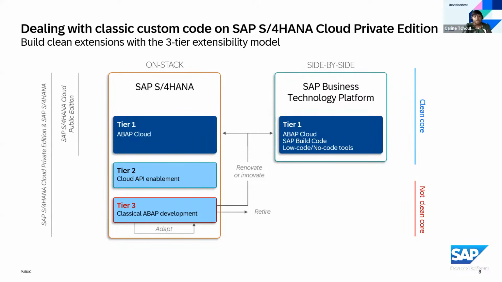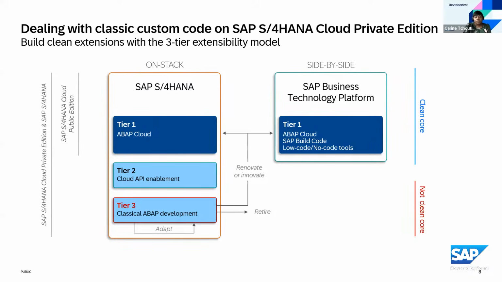Tier 2 is where you can mitigate missing released SAP APIs by enabling classic APIs for cloud use, so for the use in tier 1. And tier 3 is the tier where we have all custom development made with the classic ABAP extensibility model.